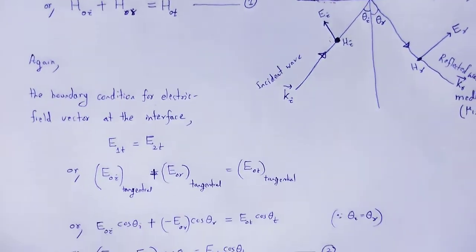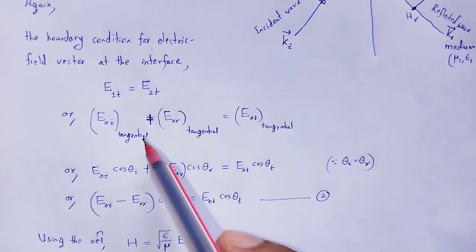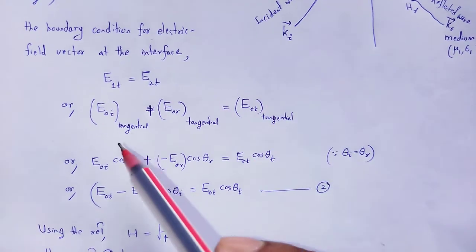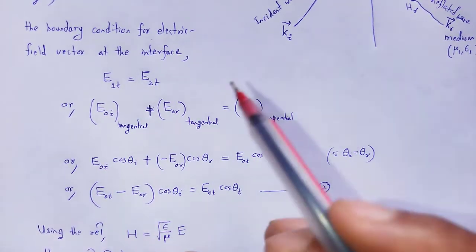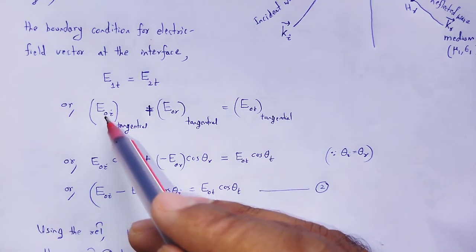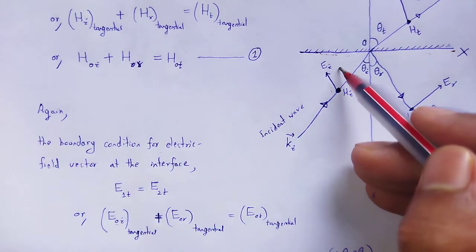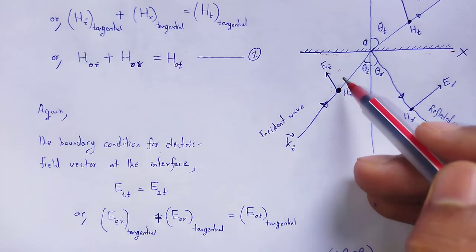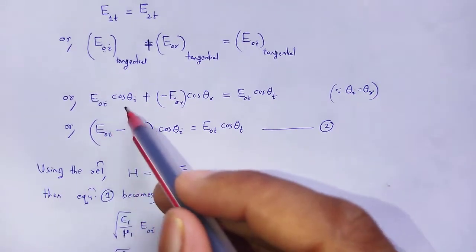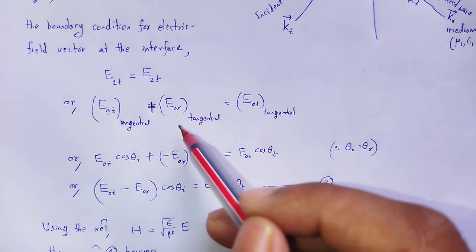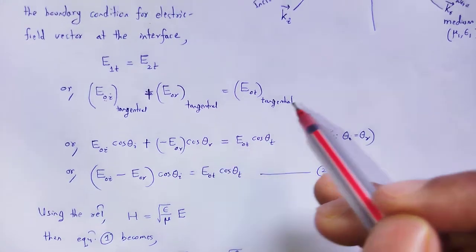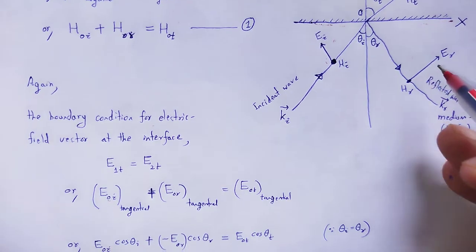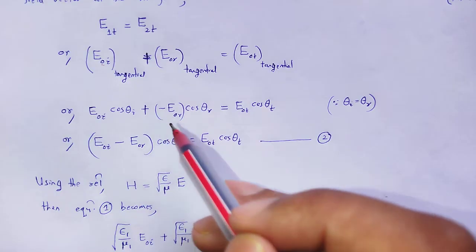Next, the boundary condition for the electric field vector. The electric field vector is parallel to the plane of incidence, so we evaluate the tangential components. For EOI, the angle created with the normal is theta I, so its tangential component is EOI cos theta I. Similarly, if it is positive, then another one is negative: EOR cos theta R for the reflected wave, with angle theta R, with negative sign.